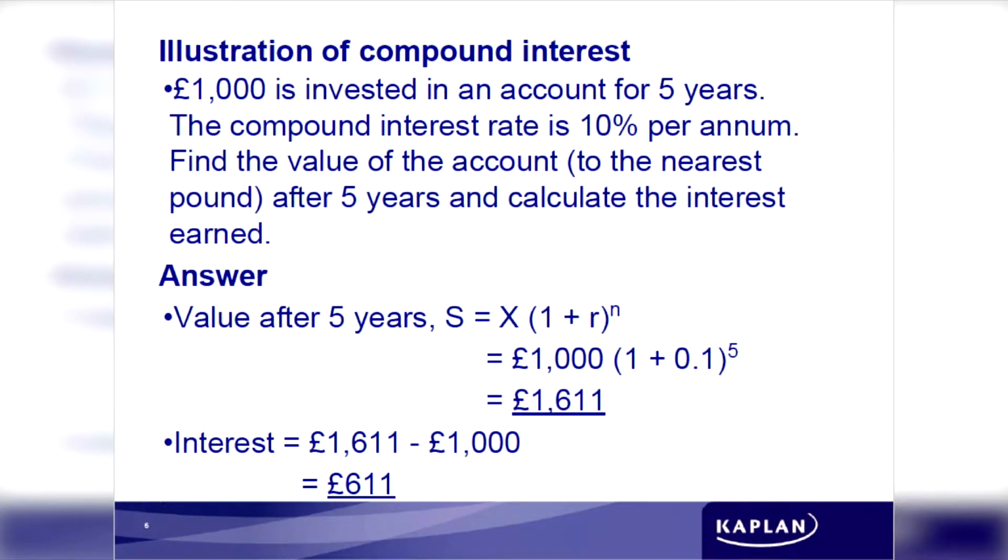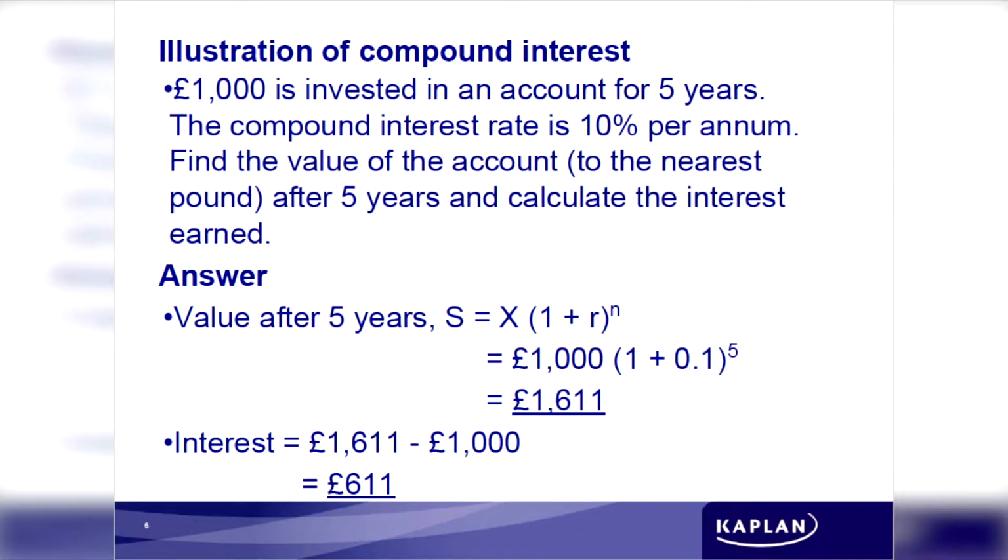So we're given the same scenario, £1,000 being invested over 5 years at 10% per annum, except in this case, it's now compound interest, no longer simple interest. So the question is asking us, find the value of the account to the nearest pound after 5 years and calculate the interest earned.